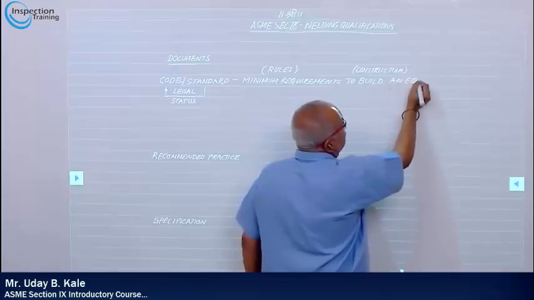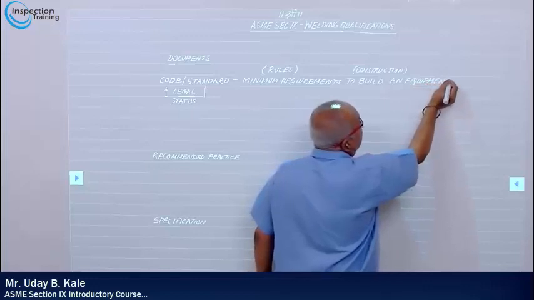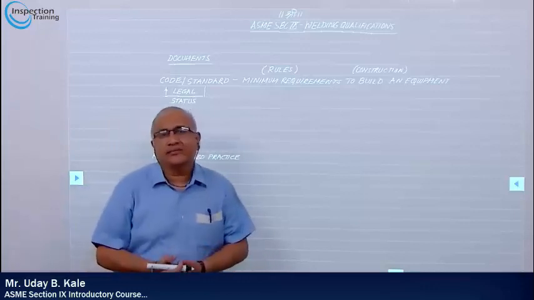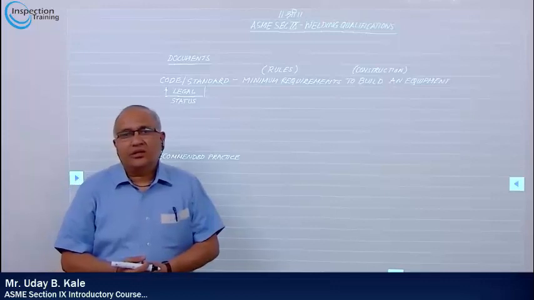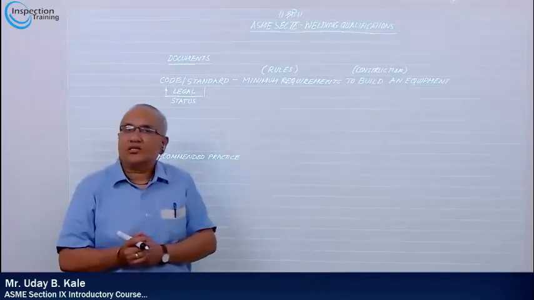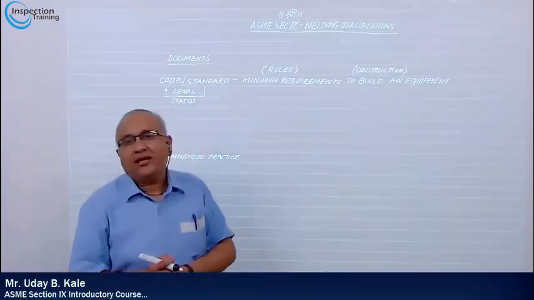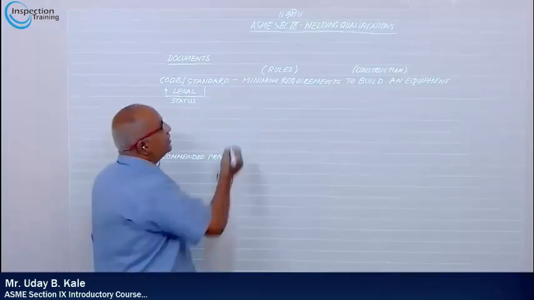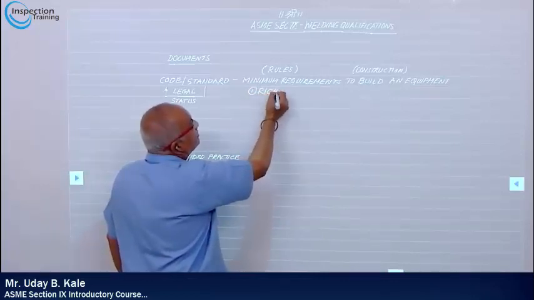That equipment might be a pressure vessel, that equipment might be a piping system, that equipment might be a tank, anything. So it gives you rules for constructing an equipment. For constructing an equipment, you require what? You require first thing, that is right material.